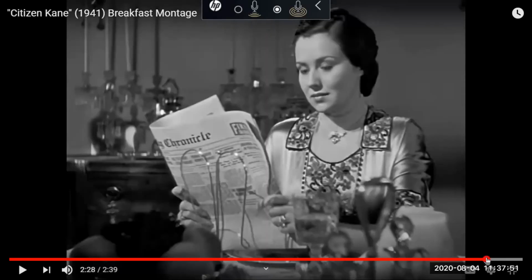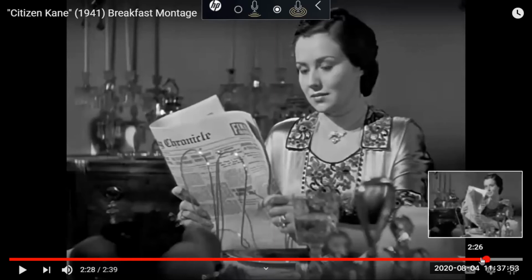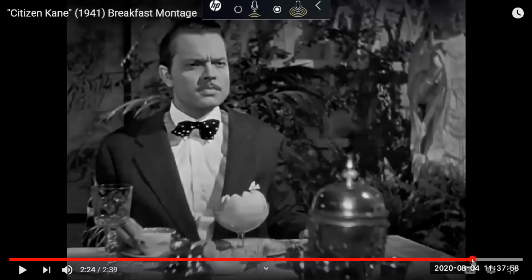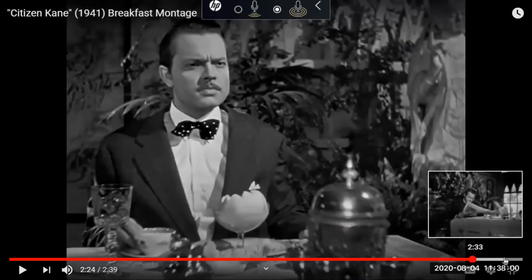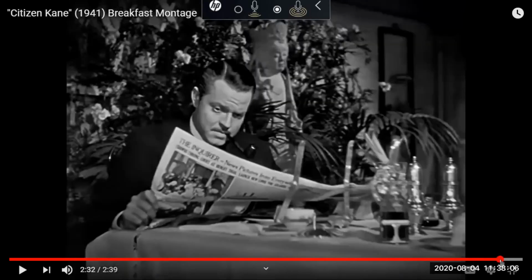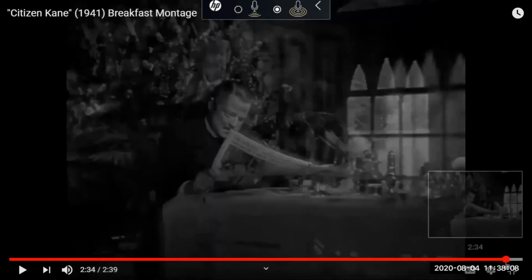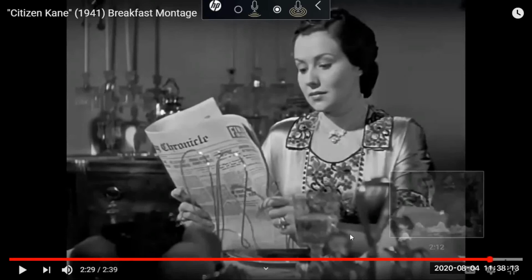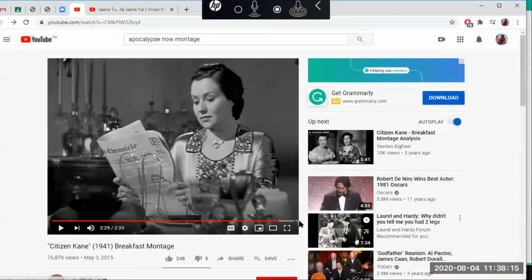And at this point, she's reading the newspaper. So their attention towards each other has also changed from this point to this point. He's reading the newspaper, she's reading the newspaper. They are perhaps paying less attention to each other, and they are still sitting at the same dining table.